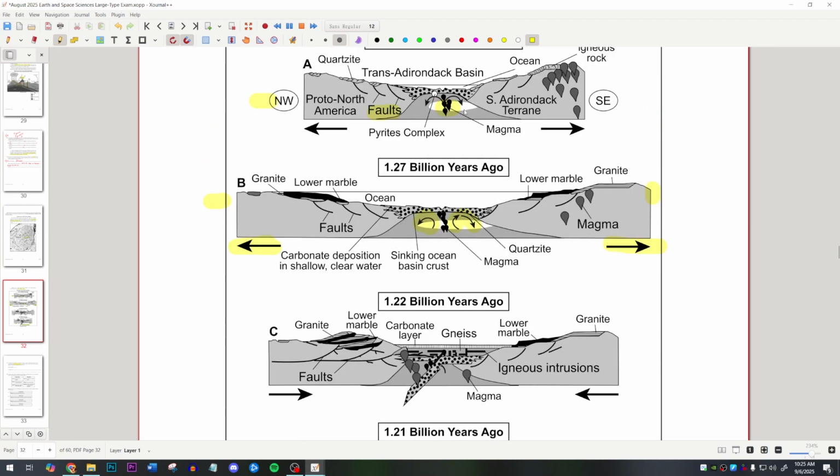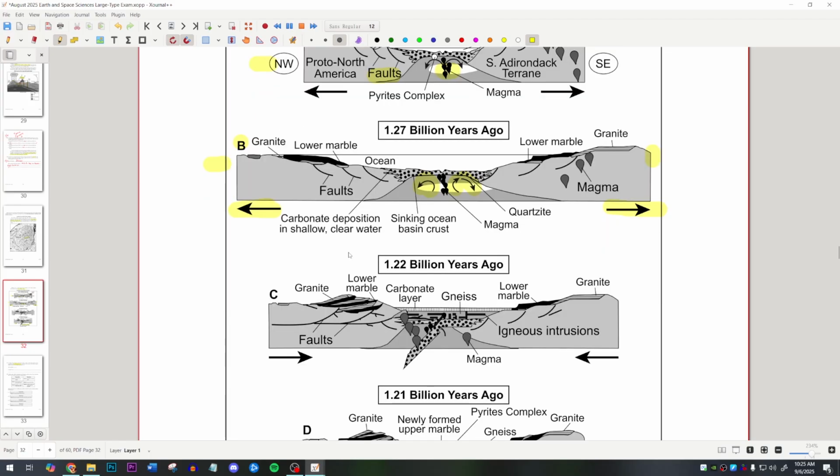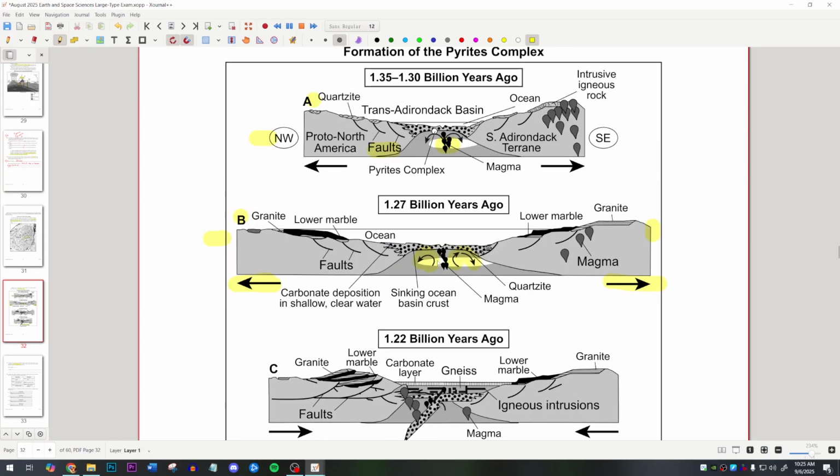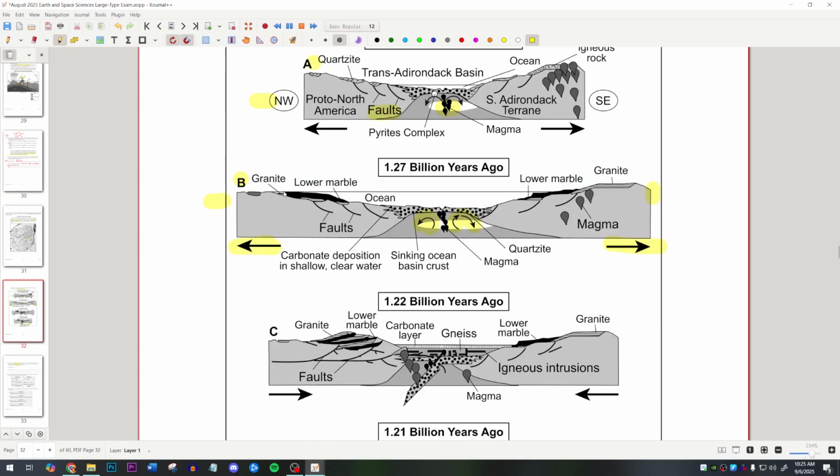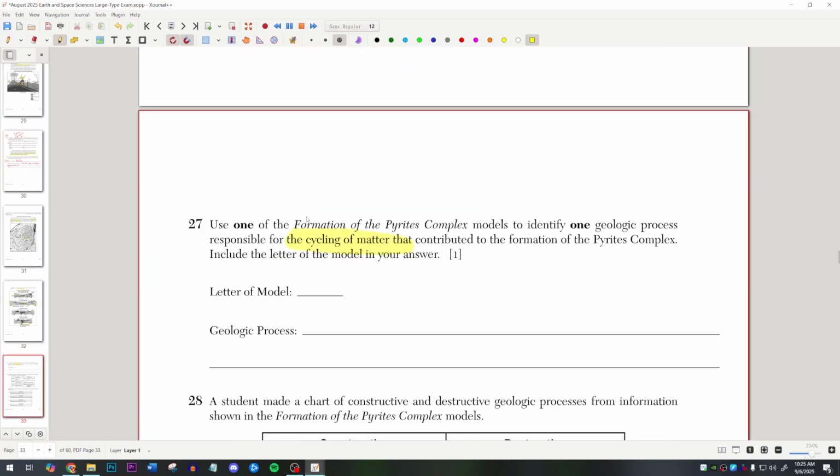So we're going to say B or A is the best because that cycling of matter is right there, called convection. When you see cycle, you want to think of something like moving material. So that's the convection currents. So I'm going to go with B just because I want to. And convection is the process.